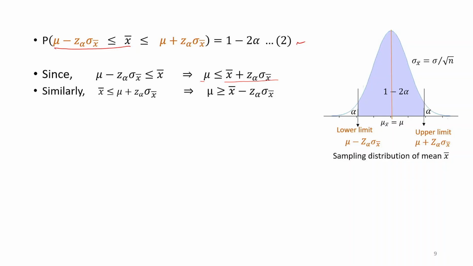I am just simply transferring this part to this side, that's all. Similarly, if we take the right hand side limit, we can write mu greater than x bar minus z alpha sigma x bar. So it is simply rearrangement.